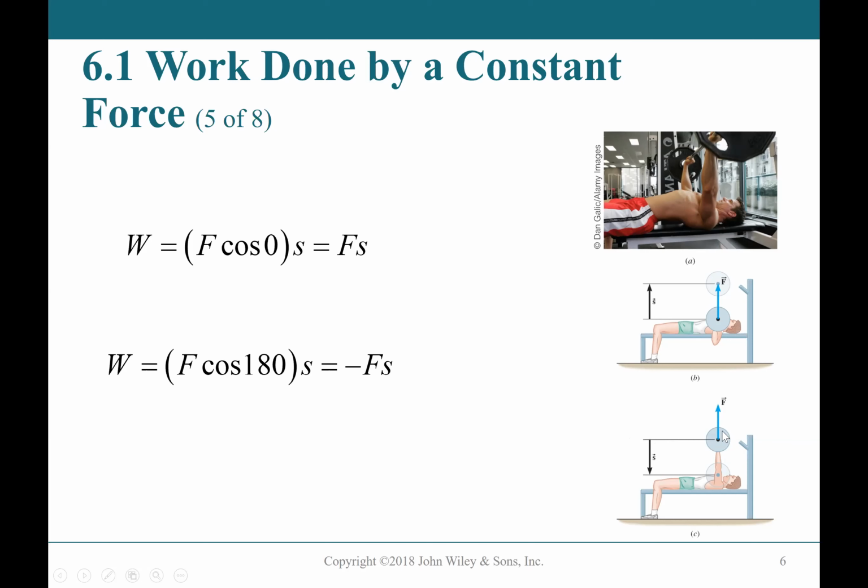And we saw earlier that the cosine of 180 is -1, and therefore this is an example of negative work. So negative work occurs when the force is applied in a direction that's 180 degrees opposite to the displacement. Okay?